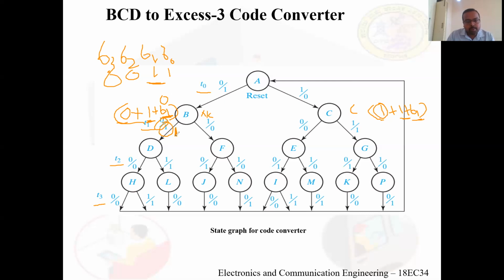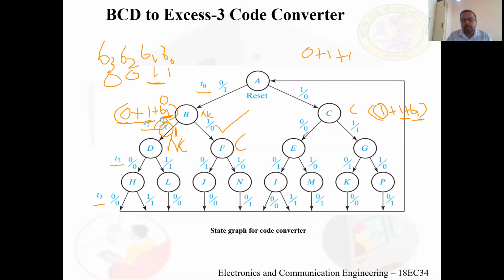The output is 1. Similarly, for this one, when B1 is 1, what do we understand by that? 0 plus 1 plus 1 here. So 1 plus 1 will be 0. The output will be 0 and it will generate the carry. Here there is no carry.